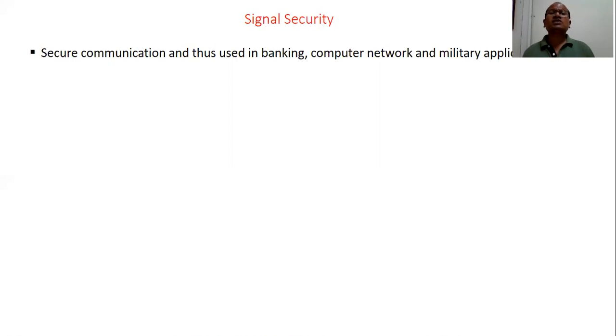Secure communication is used in banking, computer networks, and military applications. As I told you, security is very high. The signal is more secure in an optical communication system, and therefore it is used in banking. You understand the application of networks in banking, how much security is required.